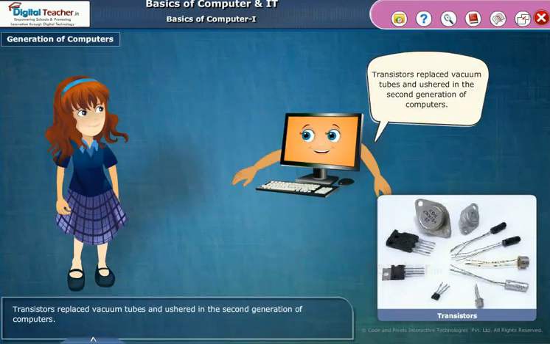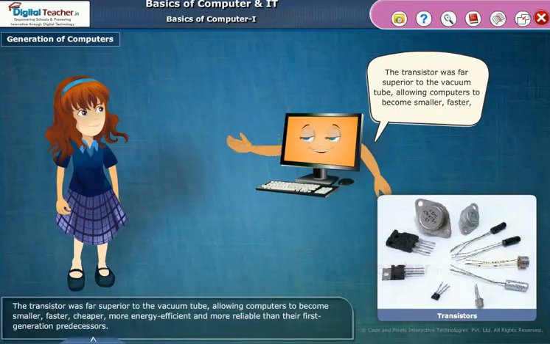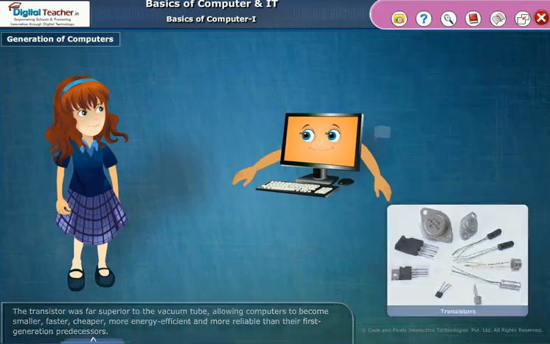Transistors replaced vacuum tubes and ushered in the second generation of computers. The transistor was far superior to the vacuum tube, allowing computers to become smaller, faster, cheaper, more energy efficient, and more reliable than their first generation predecessors.